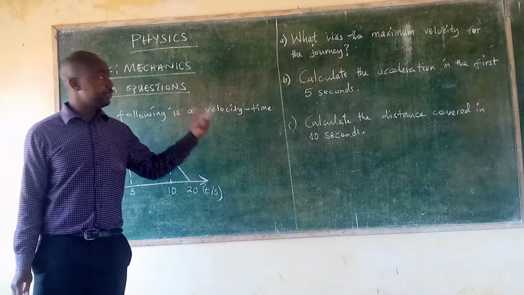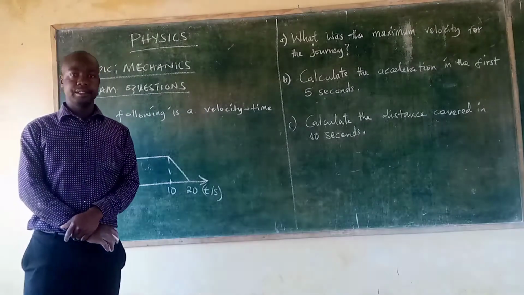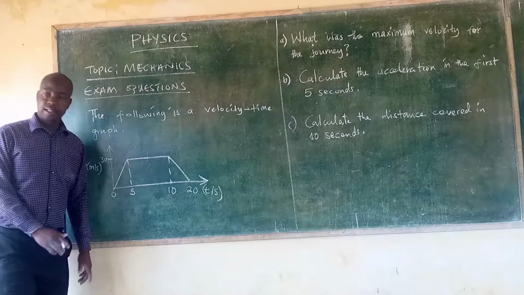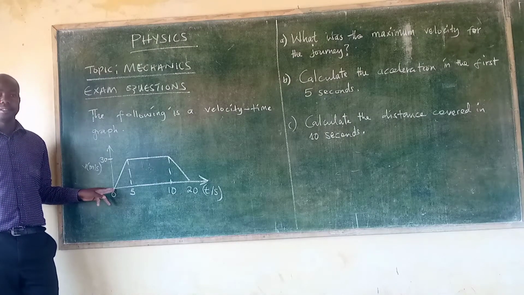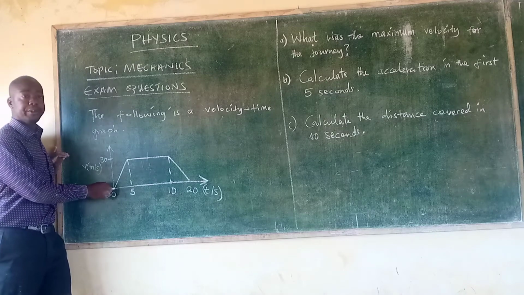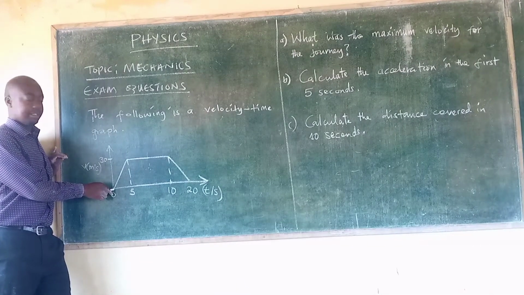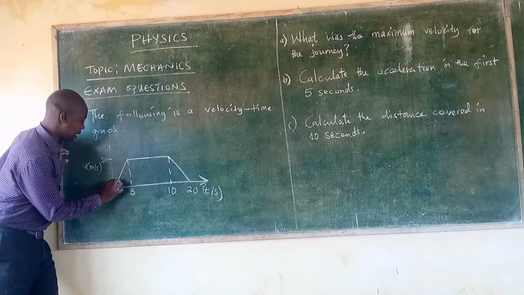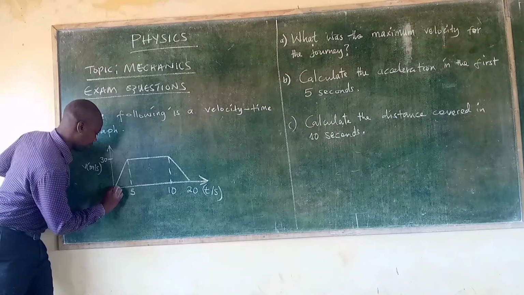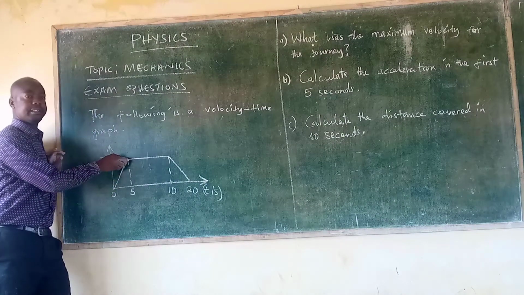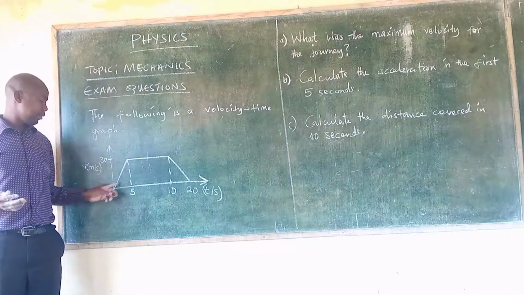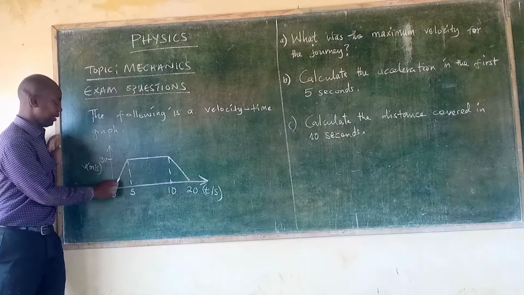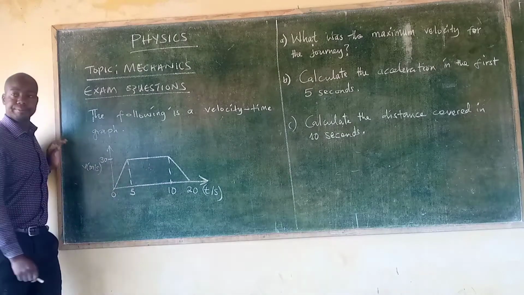What was the maximum velocity for the journey? As you can see, the velocity starts from this point, the 0 point of the graph. You can see this line going straight up to this point.